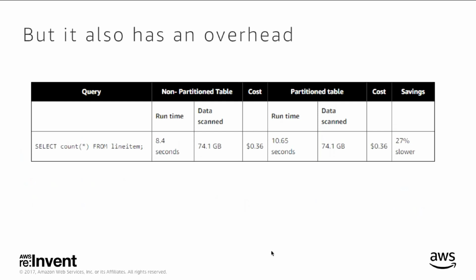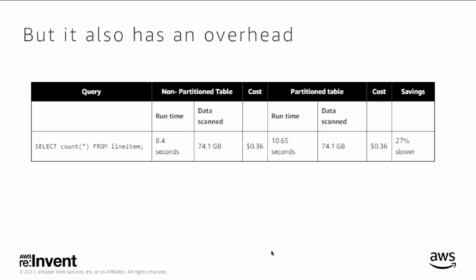But there is an overhead. Partitioning is a double-edged sword. You don't want to over-partition and you don't want to under-partition. If you do over-partition, there's still a penalty for us to go through the partition information in the data catalog and prune out the partitions that we don't need and only read the ones that we do need.